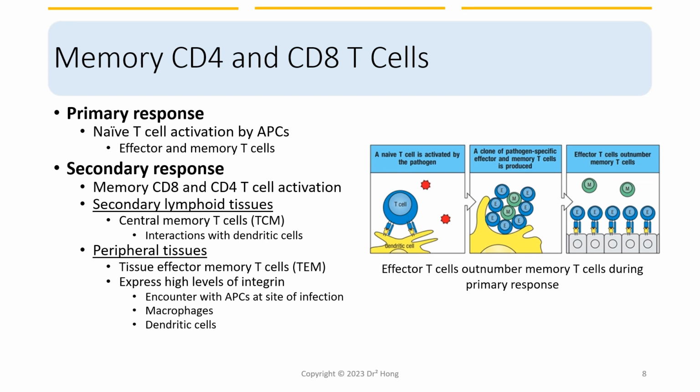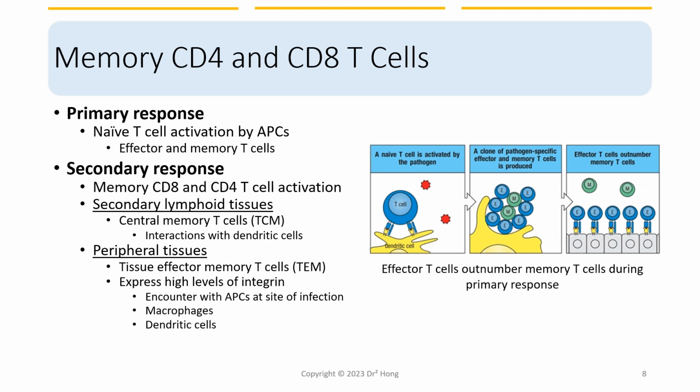Memory T cells can be broadly classified into two subtypes: central memory T cells, or TCM, and effector memory T cells, or TEM. TCM cells circulate in the secondary lymphoid organs and tissues and have the ability to proliferate and differentiate into effector T cells upon interactions with dendritic cells.